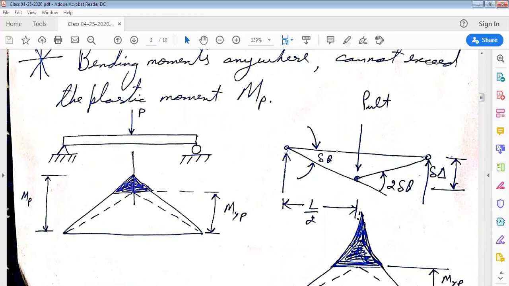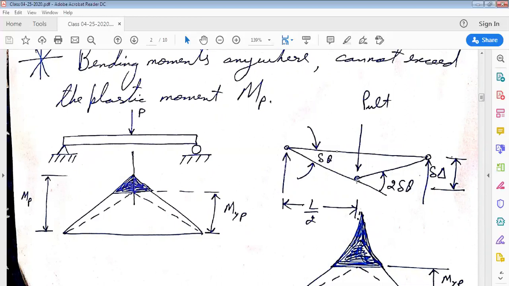There will be no moment at this hinge, and also no moment at this hinge, because these ends are simply supported. But there will be a plastic moment in the middle of the beam which would act during the plastic deformation and which would remain constant.